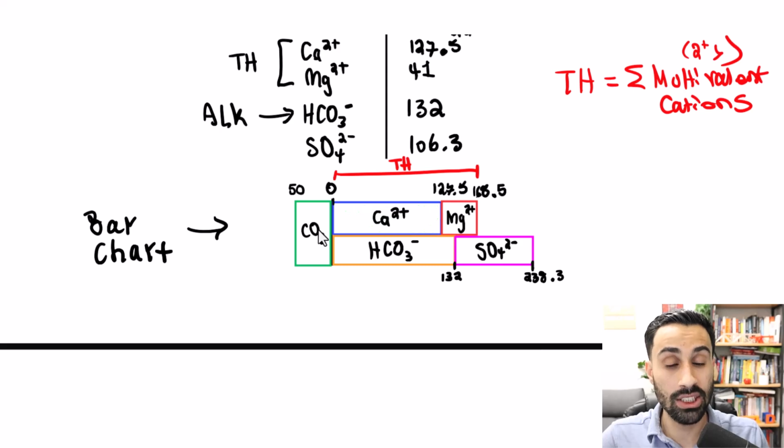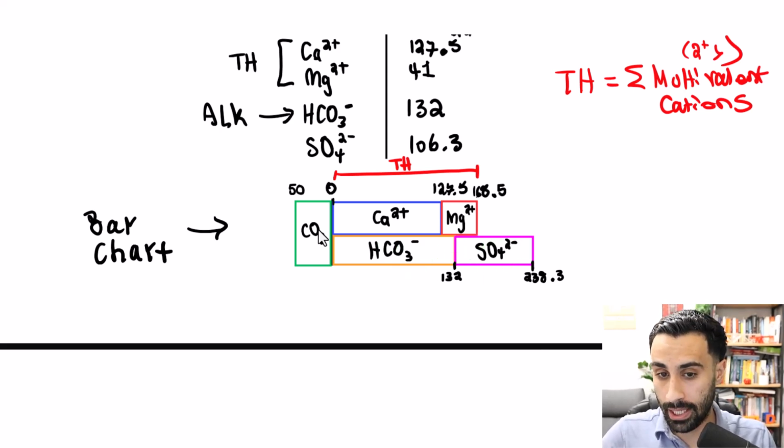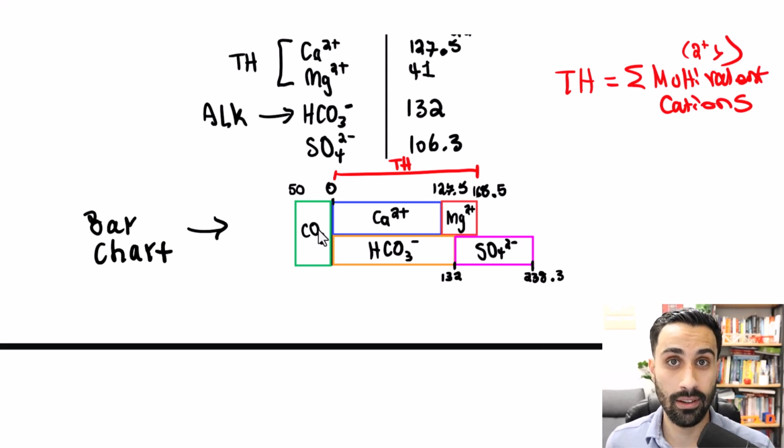Do we have magnesium non-carbonate hardness? We do. We do have magnesium non-carbonate hardness. It's actually associated with the sulfate ion. So it ends here for the magnesium carbonate hardness, but the magnesium non-carbonate hardness is this part. So that is simply the 168 minus 132 for the magnesium non-carbonate hardness. Hope that makes sense. That's why this is good to visualize.